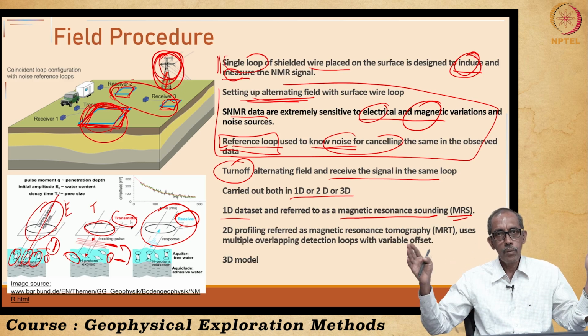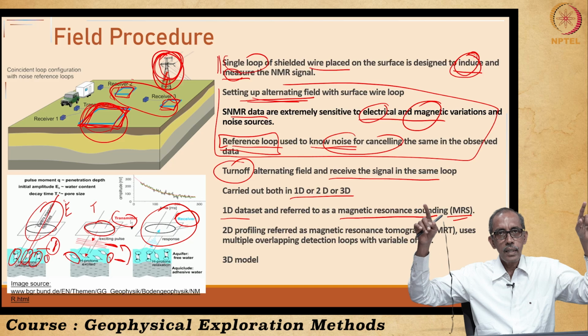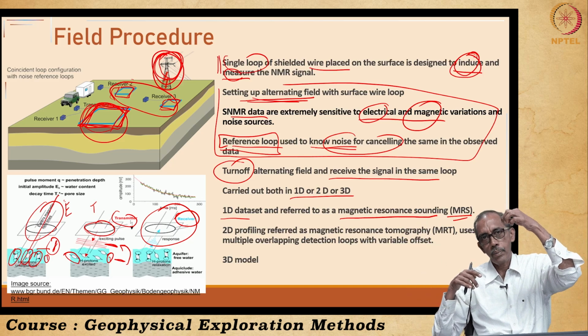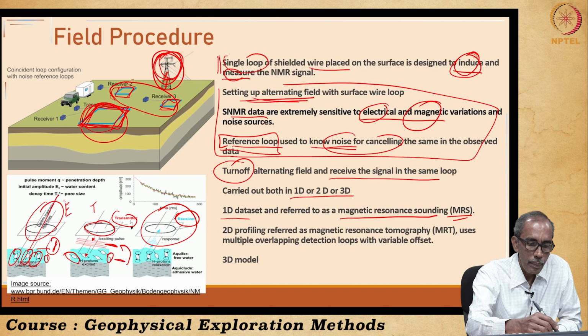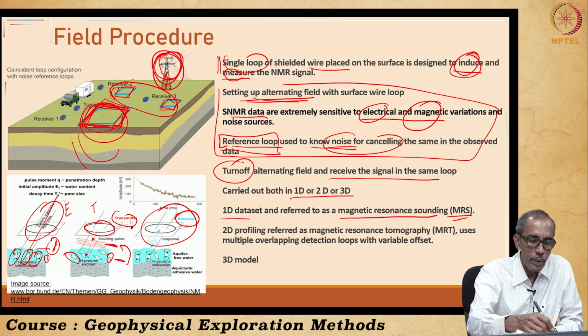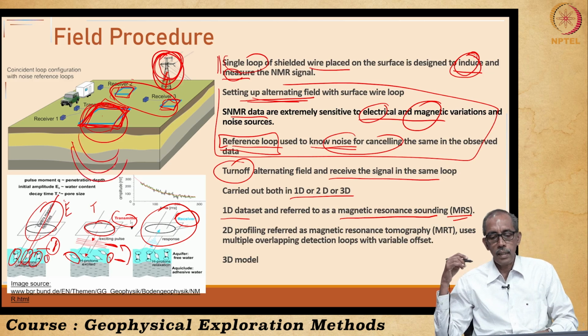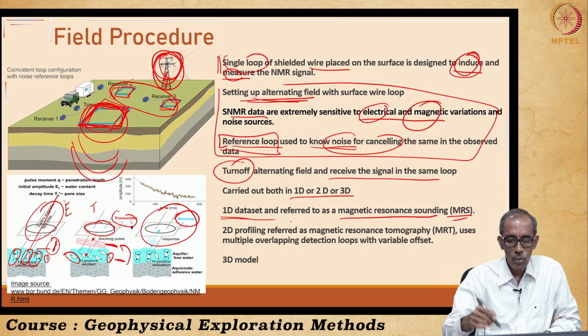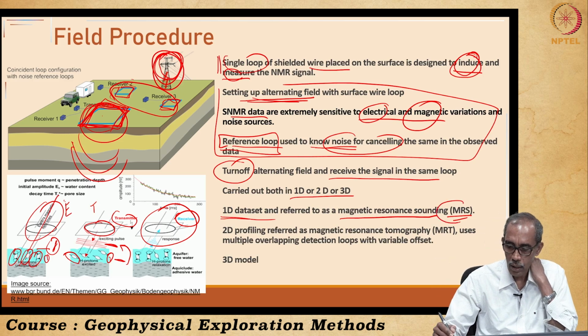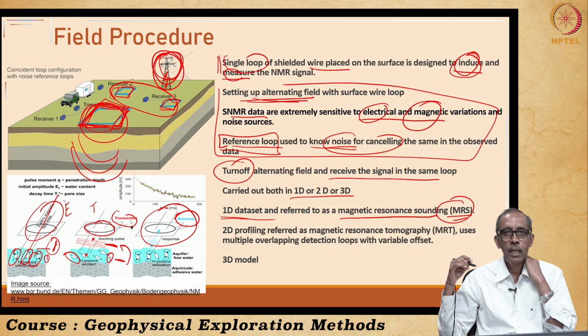We progressively moved the electrodes so that the depth of current kept on increasing over a common center point. So, here too we will carry out the survey by keeping the transmitter at the same location, but we will vary the current so that the depth of penetration is increased. So, this survey is known as a 1D survey, which is known as magnetic resonance sounding, right.